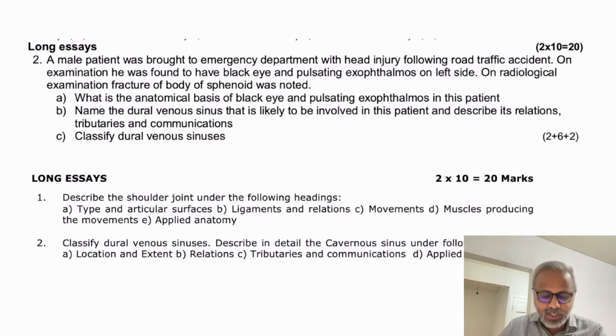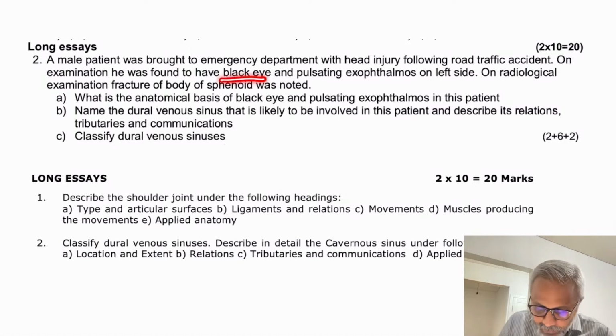For example, let's see this question. A male patient was brought to the emergency department with head injury following a road traffic accident. On examination, he was found to have black eye, scalp injury, and pulsating exophthalmos. Now, this is interesting. Pulsating exophthalmos is seen in a carotico-cavernous fistula. Black eye is seen in injuries of the scalp or head injuries, right?